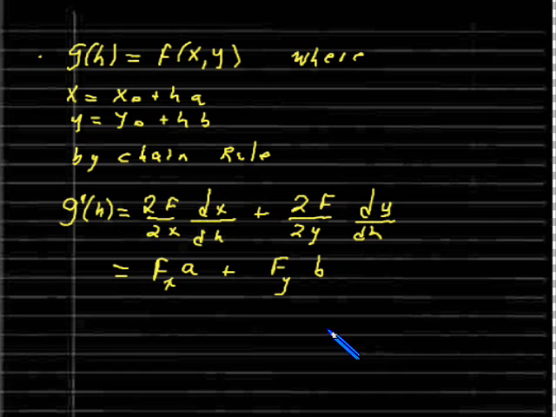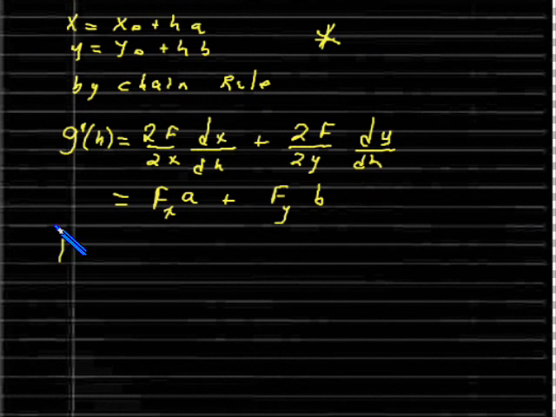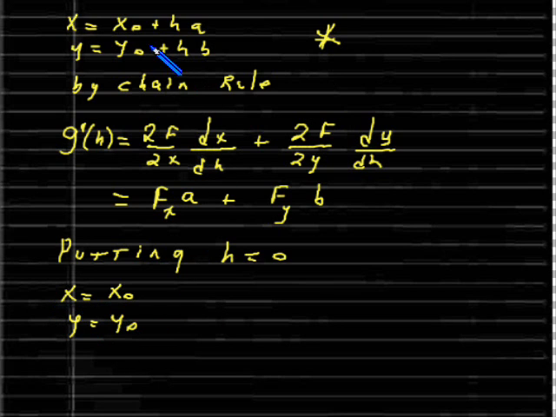And now, putting h equals 0, we get that x is equal to x naught and y is equal to y naught.